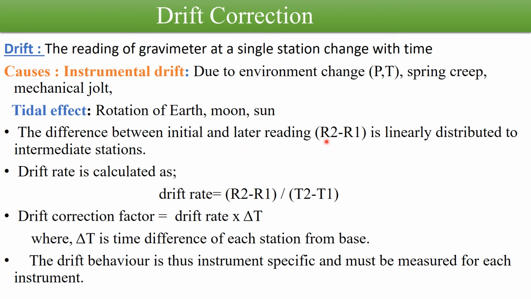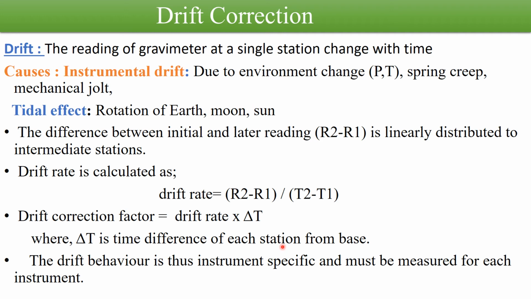We take the initial reading and the later reading, and the drift is distributed linearly to the intermediate stations, and then we have to calculate the drift rate. That means the difference between the readings divided by the time difference. Then the drift correction is the drift rate multiplied by delta t, where delta t is the time difference between each station and the base.